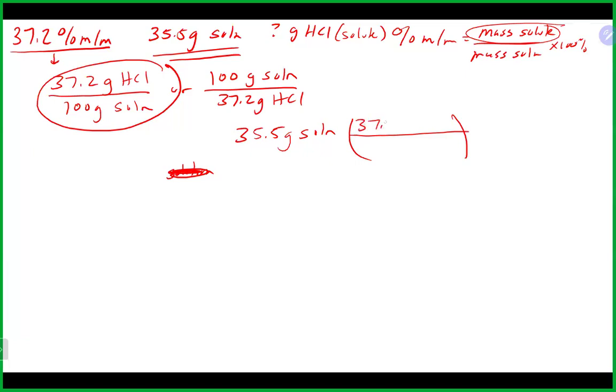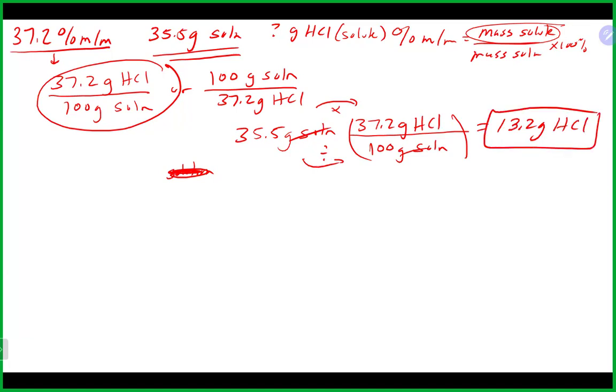I could just take that dimensional analysis approach. And like normal, we know what we're doing math-wise. We're multiplying and dividing. So our grams of solution cancel. And that's going to end up giving us 35.5 times 37.2 divided by 100, about 13.2 grams of HCl in this particular case.